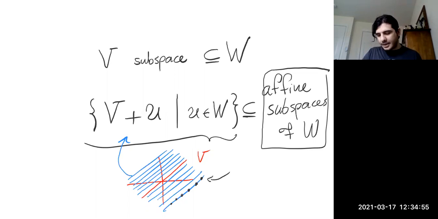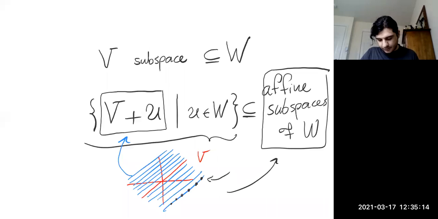Here also, I want to think about each line not as a subspace or an affine space. I want to think about each line as just one element here. Okay, so think about each blue line as an element there. So each v plus u, which is one of these. So for example, if I take u to be this one, v plus u would be this guy here.